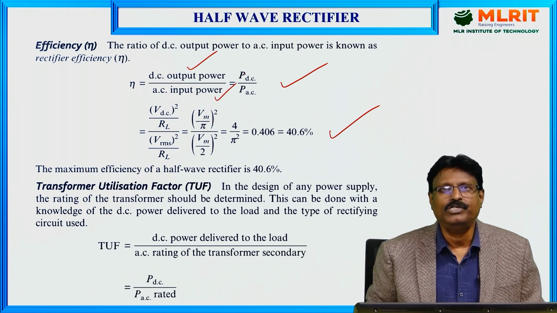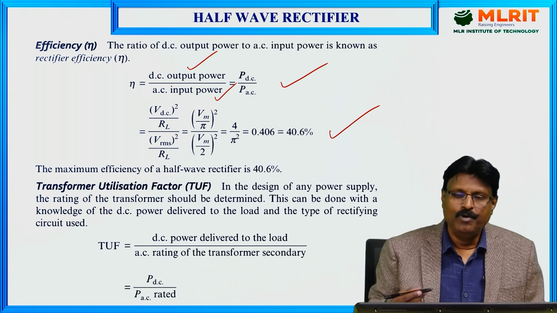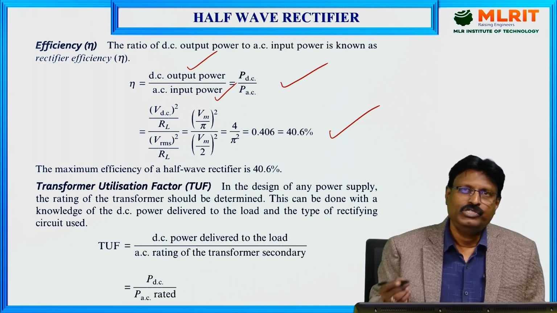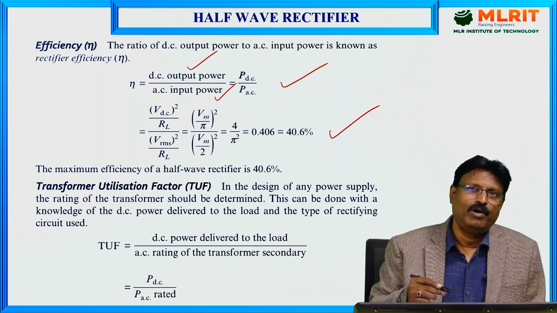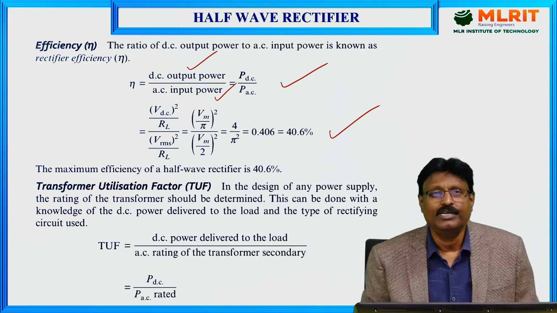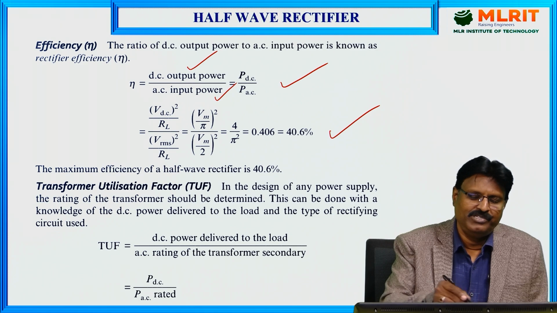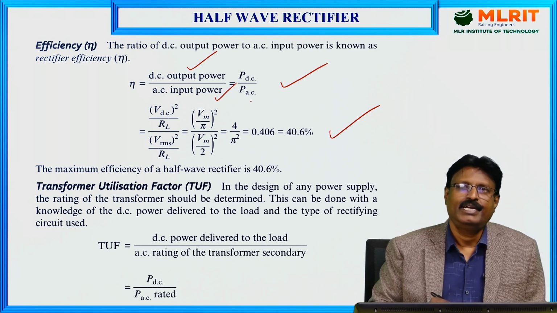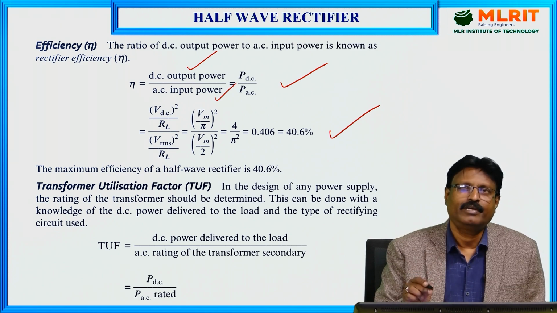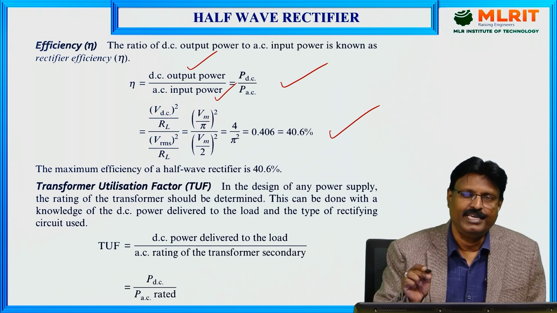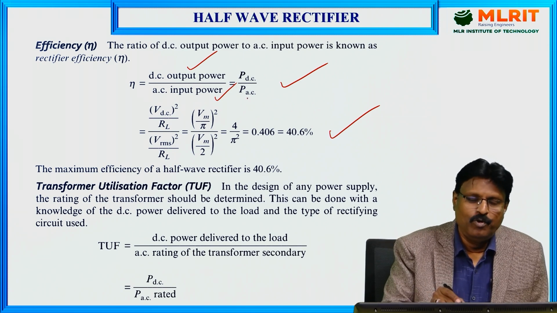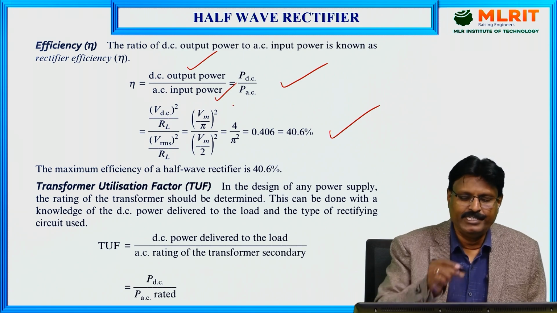How much input power you are providing, and how much of that AC input power is converted into DC output power, that we need to calculate. That's why the formula eta is equal to PDC by PAC. Rectifier output is DC, and input power provided is AC.